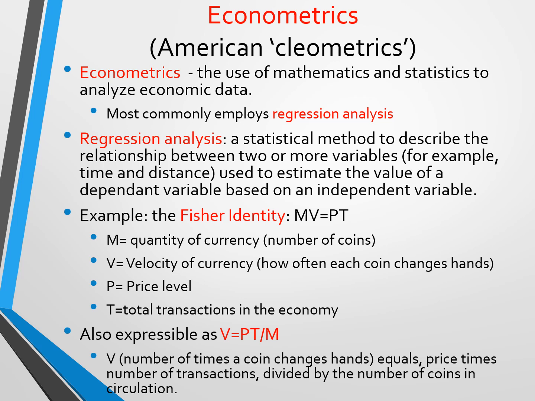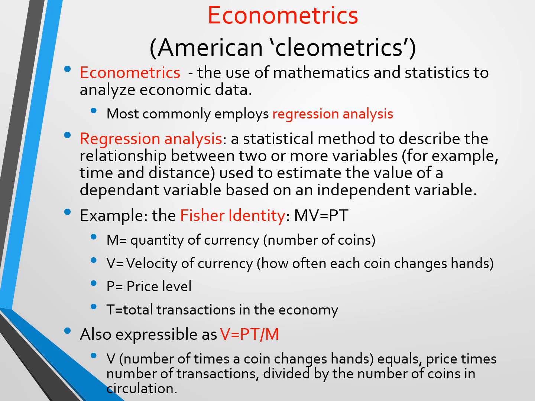Now, if you have only a small number of coins available in society, then the frequency with which each coin would have to change hands from one person to the next, that is to say the velocity, could potentially be higher than can realistically be achieved.